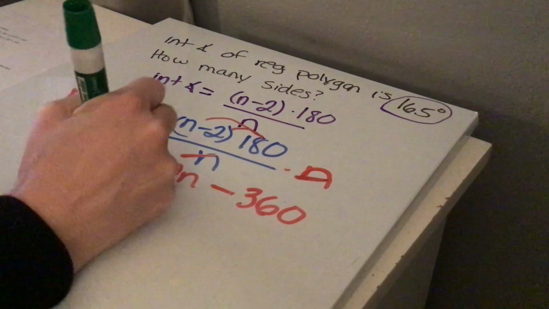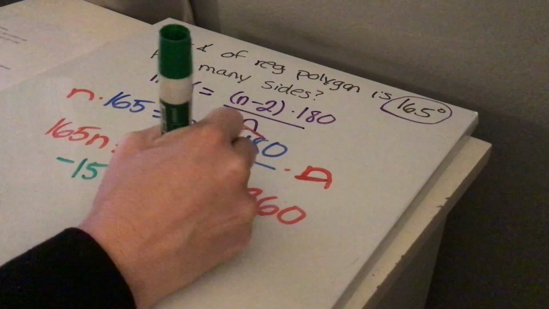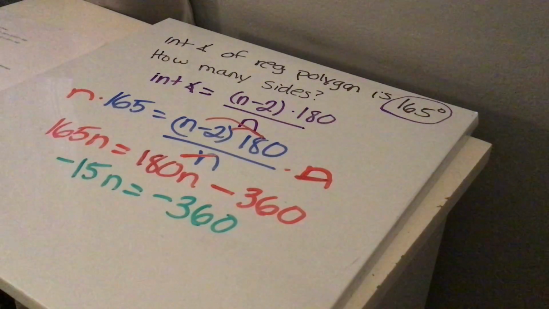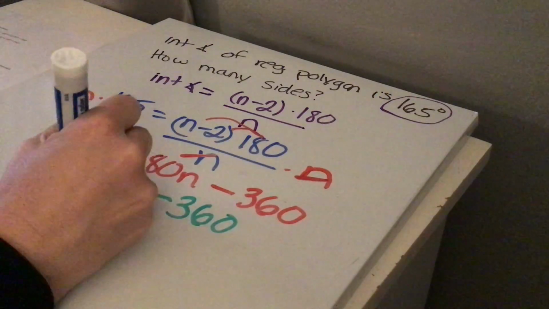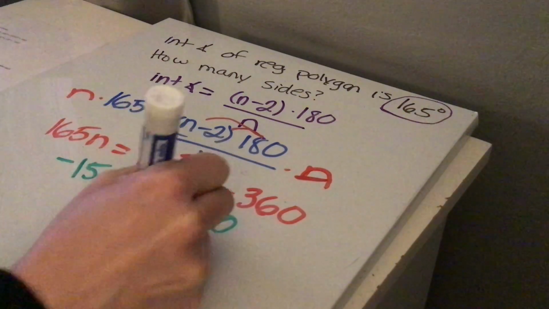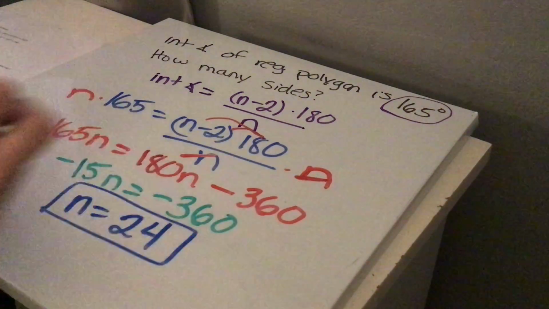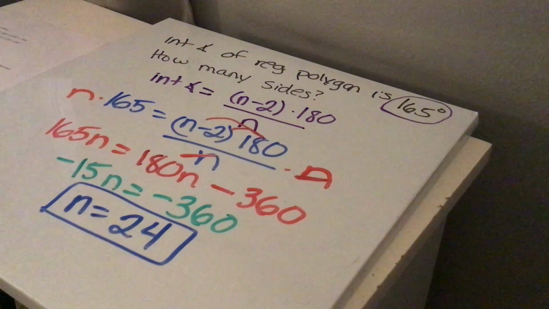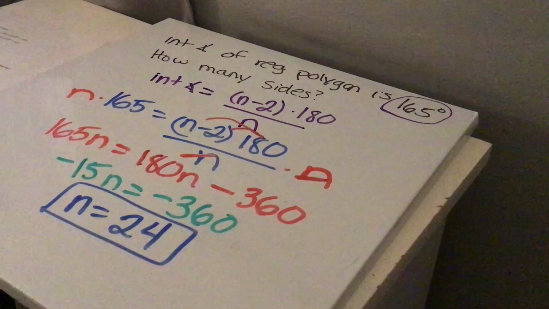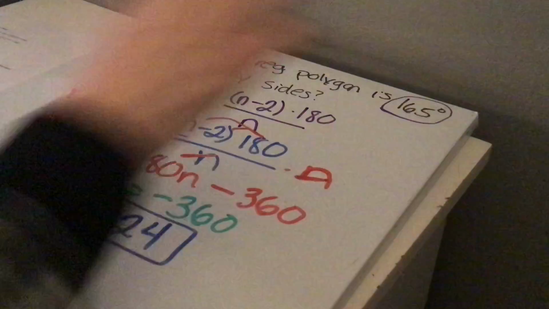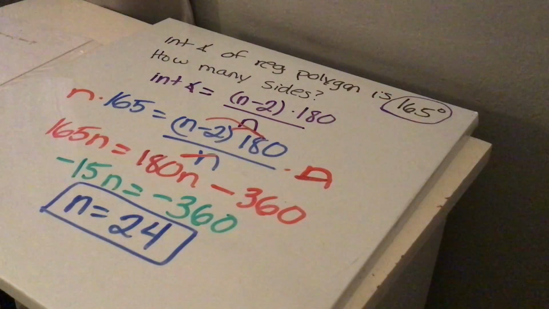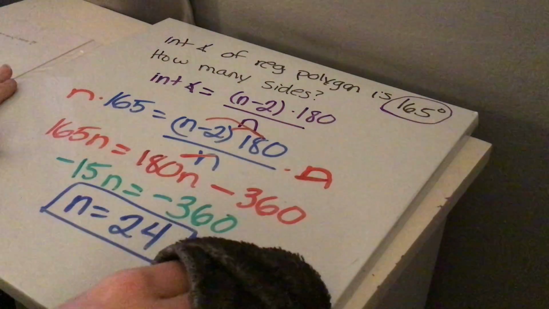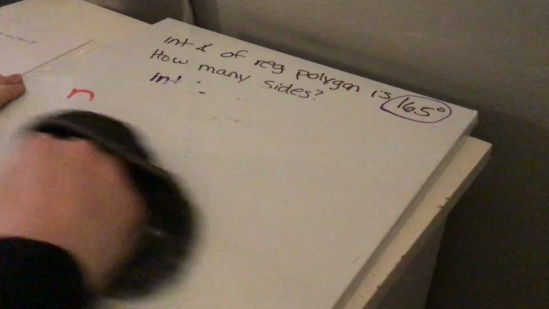You get negative 15n equals negative 360. And then divide by negative 15. And you get n is 24. So this polygon would have 24 sides if it's regular and an interior angle is 165 degrees. Okay? All right, so that's the interior angles.